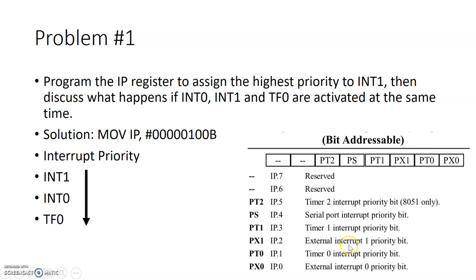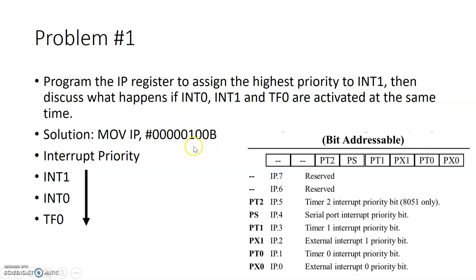So external interrupt 1 is this bit, the third bit, which needs to be set to 1, which we have done here. This number needs to be put into the IP register so that INT1 gets the highest priority. This B signifies that this number is in binary and not in hex.